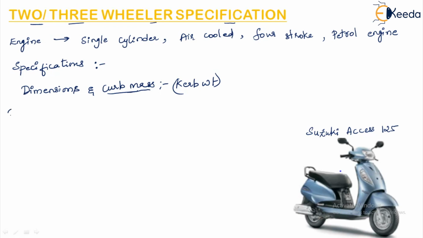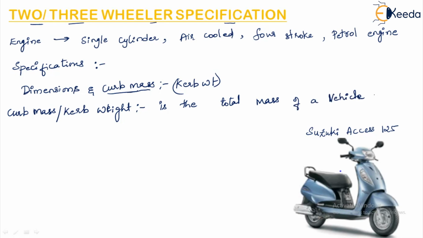So I will first write the definition of curb mass or curb weight. So it is the total mass of a vehicle with standard equipment and all necessary operating consumables.